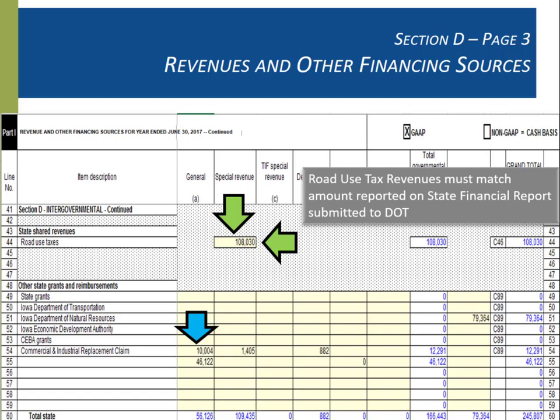I would suggest that you put those on separate lines. So in this particular city, you can see the commercial and industrial replacement claim is for $10,000 and the backfill amount is for $46,000. Again, you're going to be keeping them separate in the chart of accounts, so reflecting them separately on this report will help you explain these two items to the council and to your citizens.